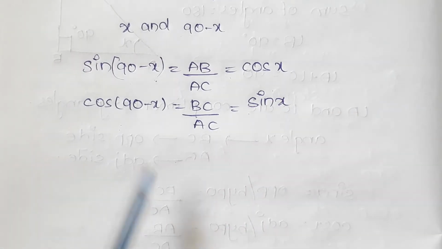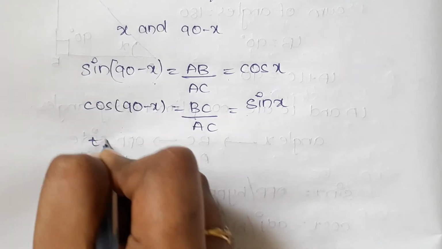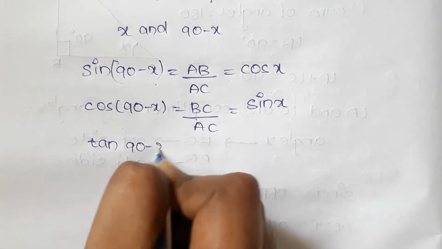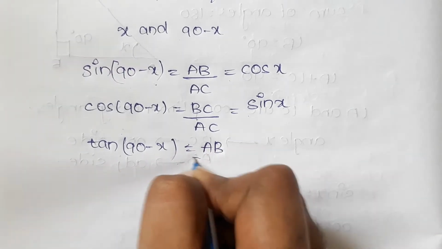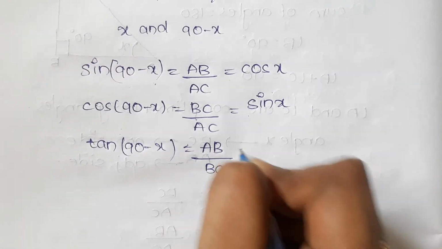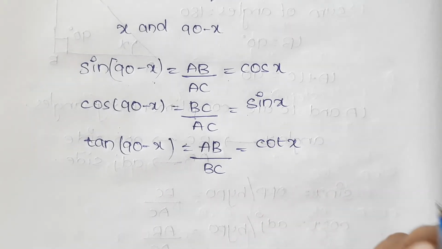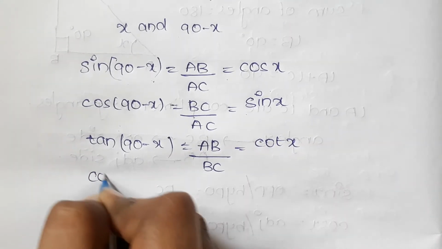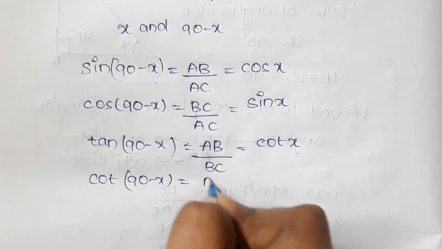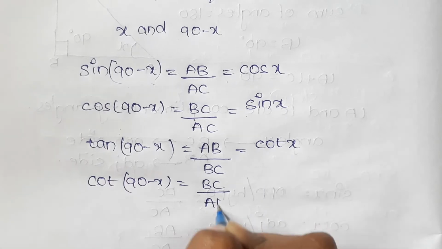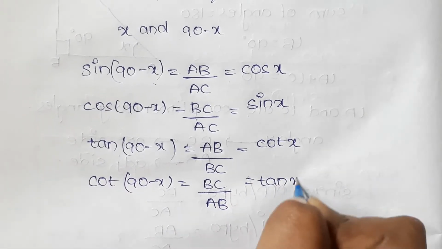So cos 90 minus x is equal to sin x, and tan 90 minus x is AB by BC, which is cot x, and cot 90 minus x is BC by AB, and the value is tan x.